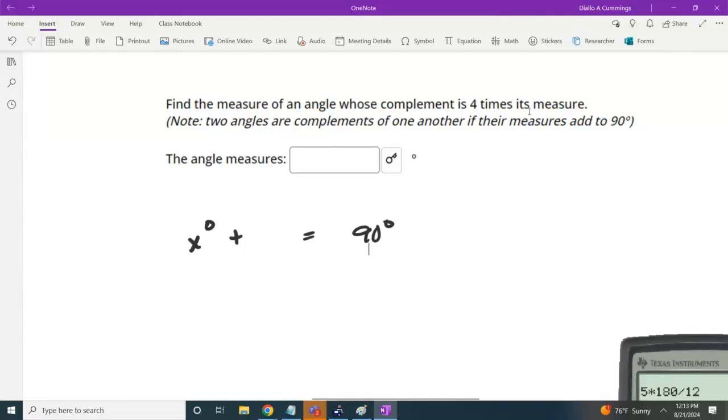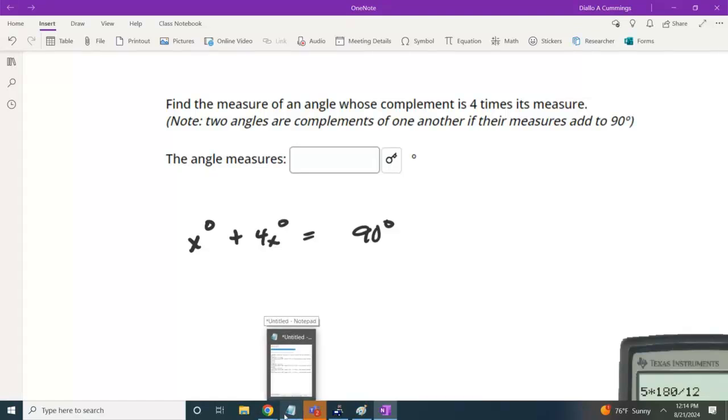And if I take 4 times that unknown angle, and if I add them together, that should equal 90. Okay? Does that make any sense? Because I'm basically taking the sentence, writing it out as an algebraic equation and solving.